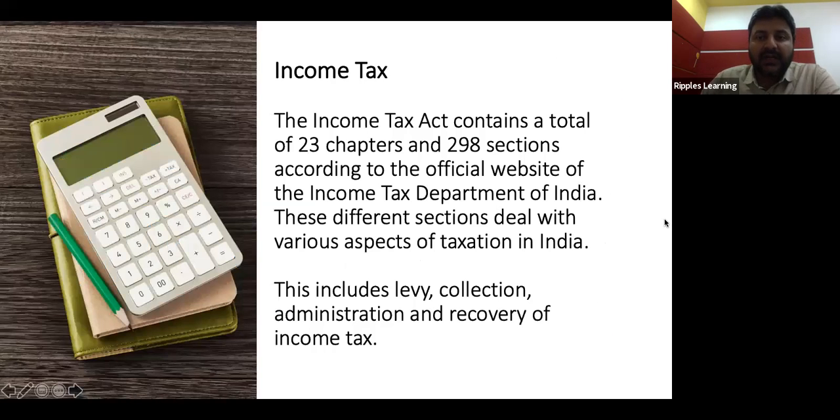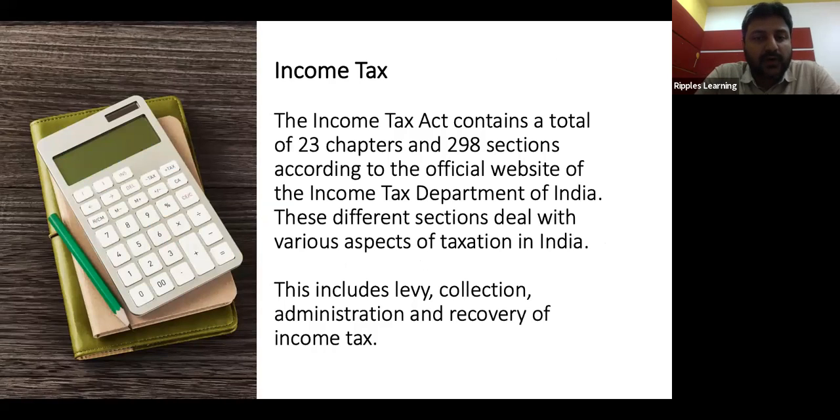One very interesting fact is that when you go to the income tax website, you will see that there are about 23 chapters and about 298 sections which talk about various aspects of taxation in India. Briefly, it includes levy, collection, administration, and recovery of income tax.